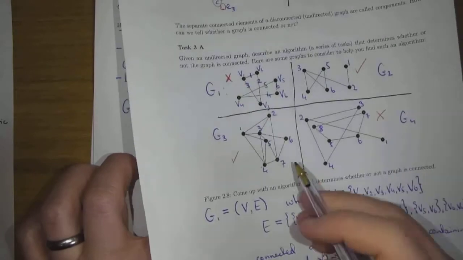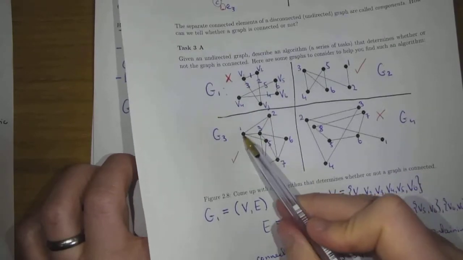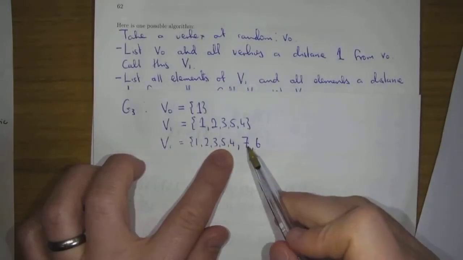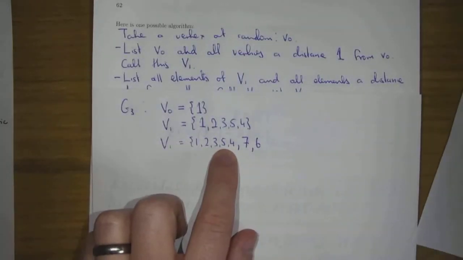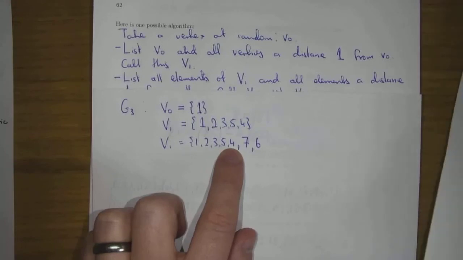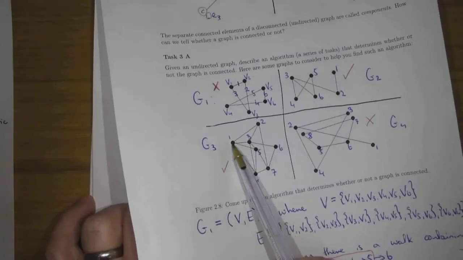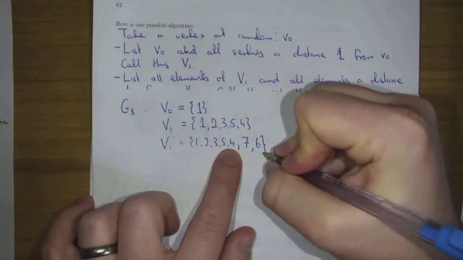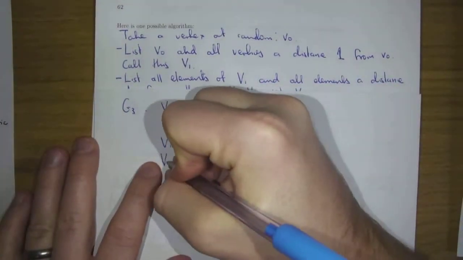What about 5? So 5, I see 1, 3, 4, 7. I've got 1, 3, and 4, so I'll just put in 7, but in fact I've already got 7. And then finally I just have to look at 4. What's 1 away? 1, 3, 5, and 7. I've got all of those already. So now I do it again.